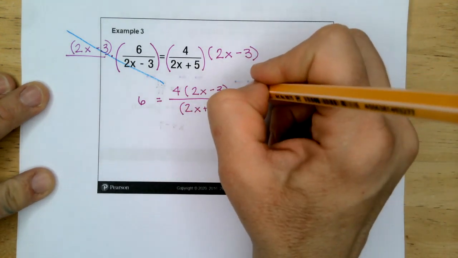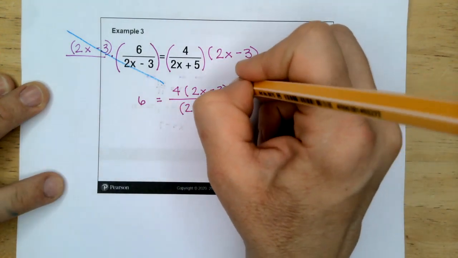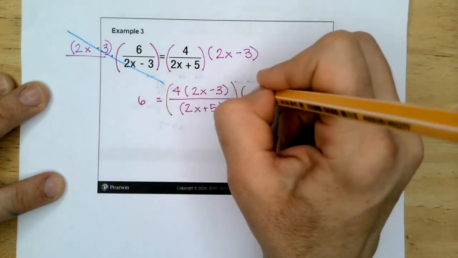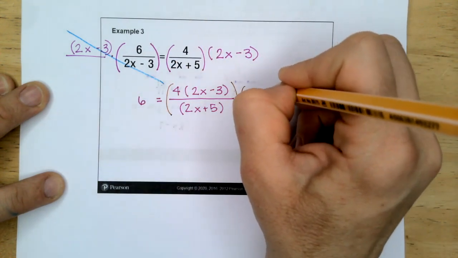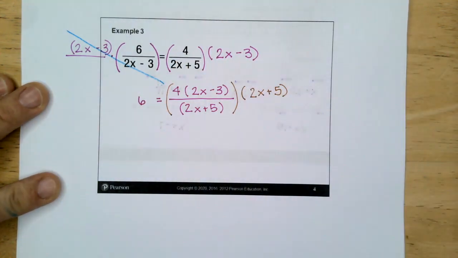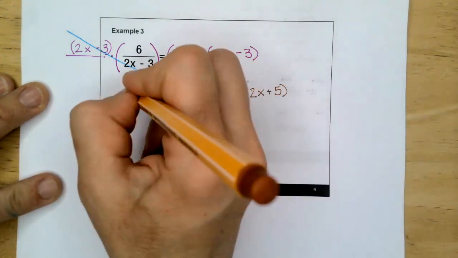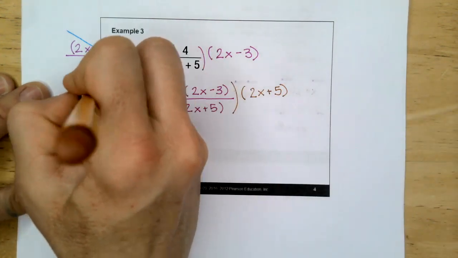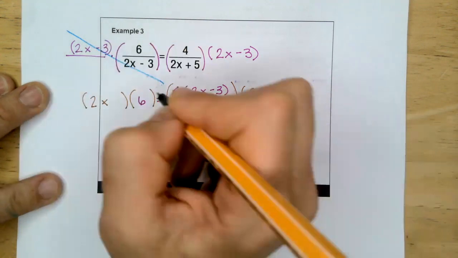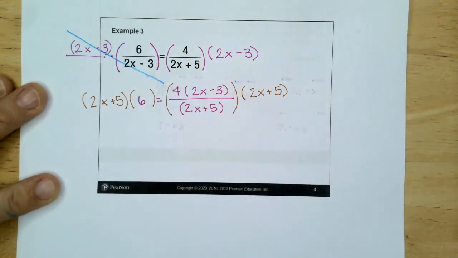2x plus 5, how do I get rid of it? By multiplying it by 2x plus 5, right? So everything in the equation, this term and this term, I'm going to multiply by 2x plus 5. Okay?